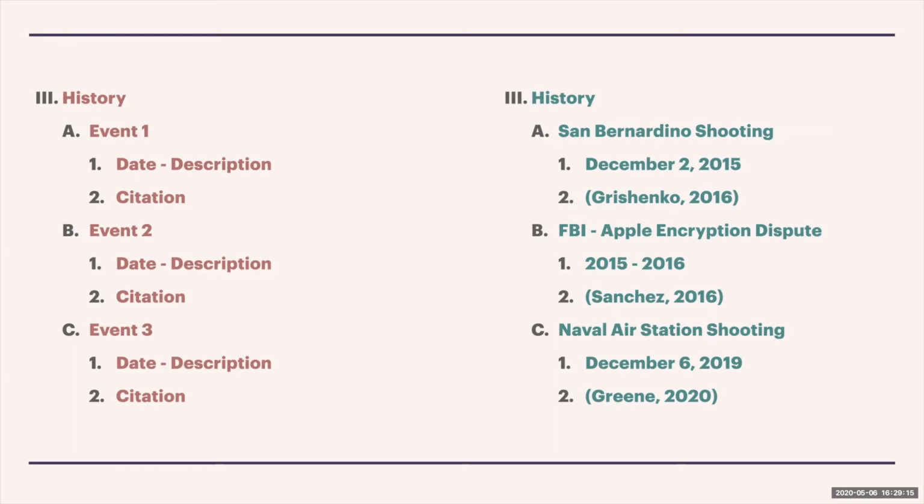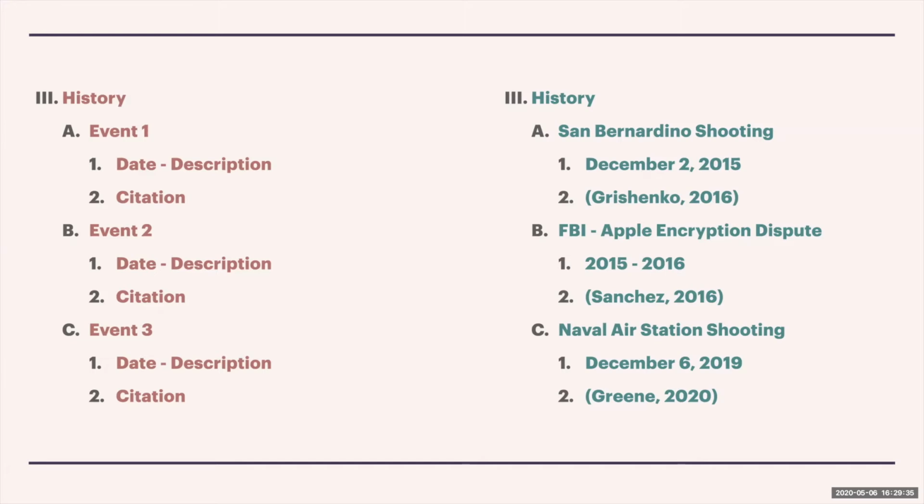December 2nd, 2015. I know many of you are still very aware of what happened. But then we go to the FBI Apple encryption dispute after the San Bernardino shooting to gain access to the shooter's device. And that went on for months over the course of 2015 and 2016.